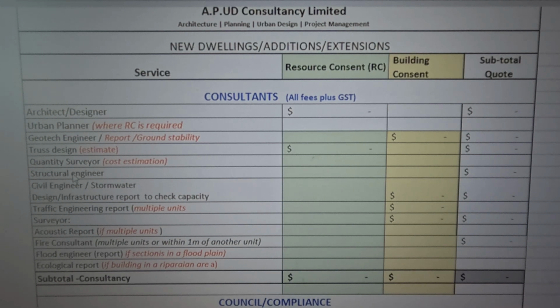You need a designer or you might need an urban planner, although sometimes your designer should be familiar with the codes and the zoning standards of the zone that they're designing to. And then you need your truss designer and your structural engineer.